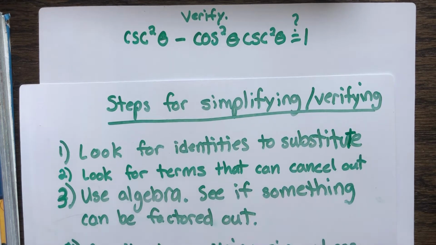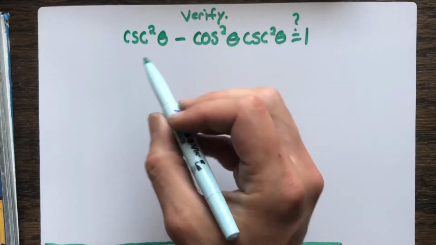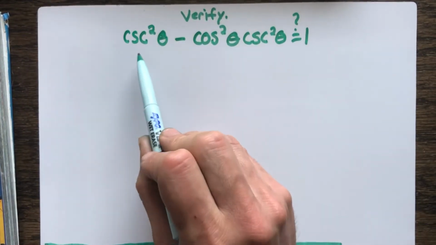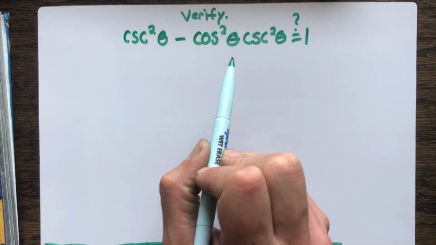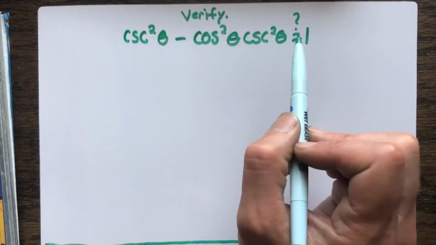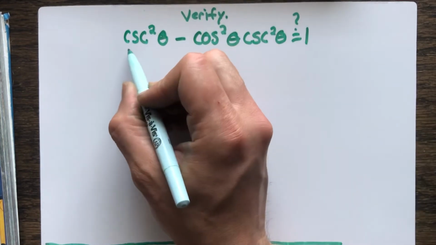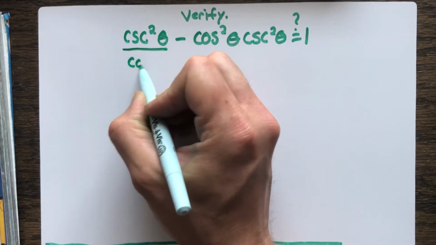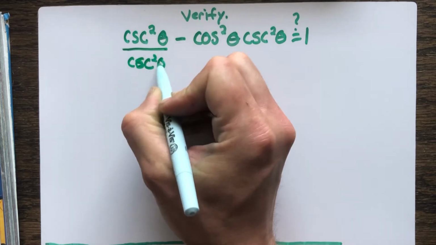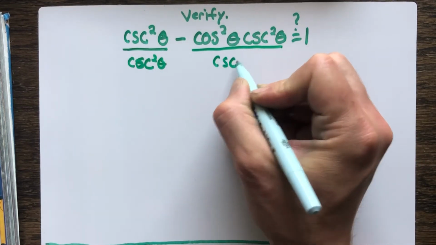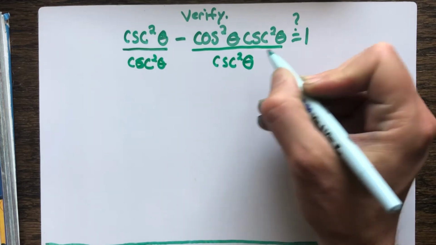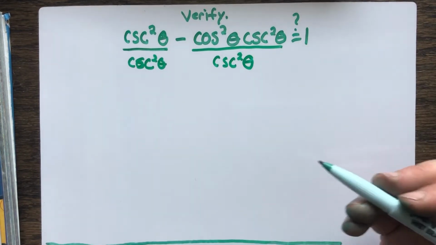See if something can be factored out. Okay, now look at this. You've got two terms. They both have a cosecant squared. So that can be factored out. And remember, when you're factoring, you're dividing it out. So we're going to divide both terms by cosecant squared theta because that is the GCF. It's just like when you were factoring normally, you always look for a GCF first, right?